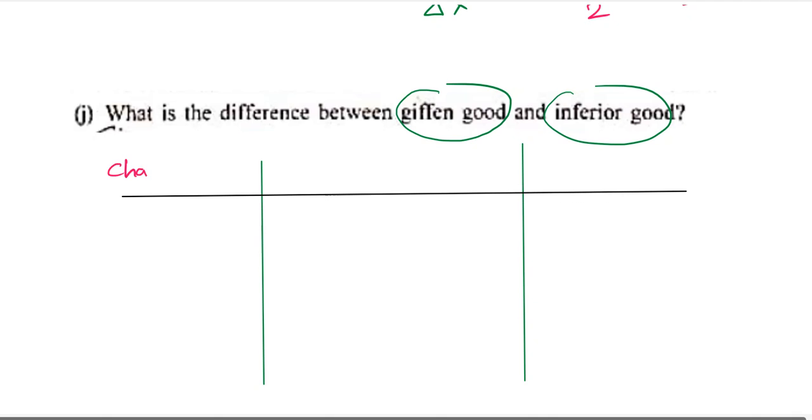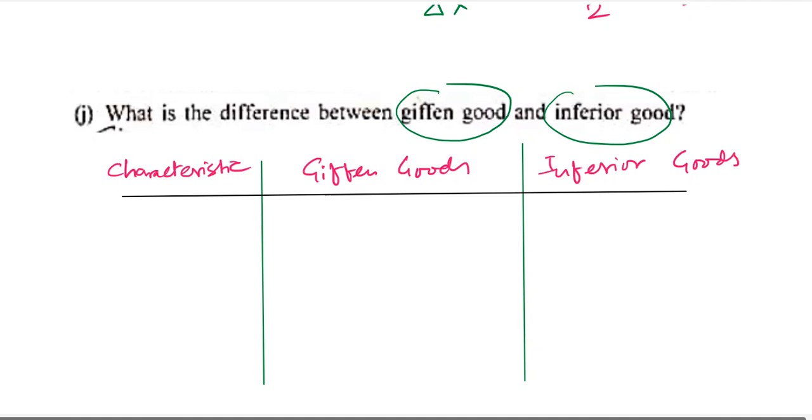Characteristic: Giffen goods and inferior goods. The first point is the income effect.